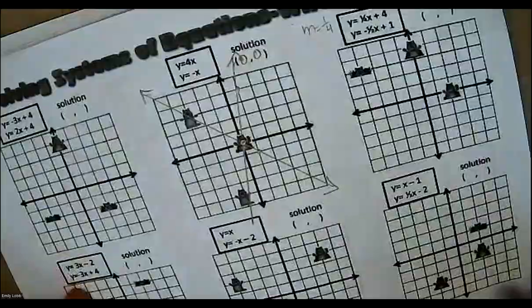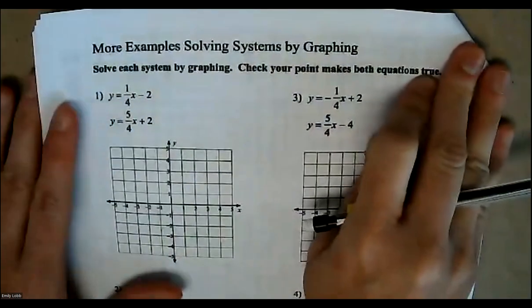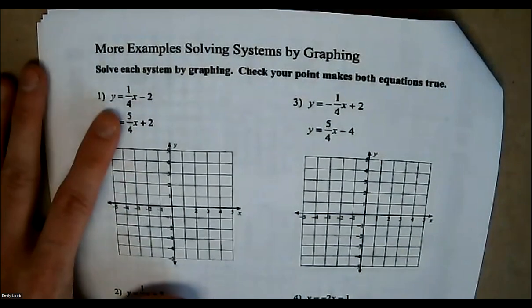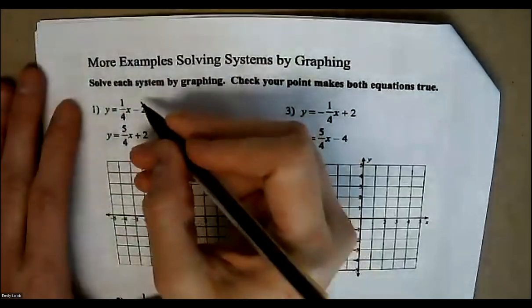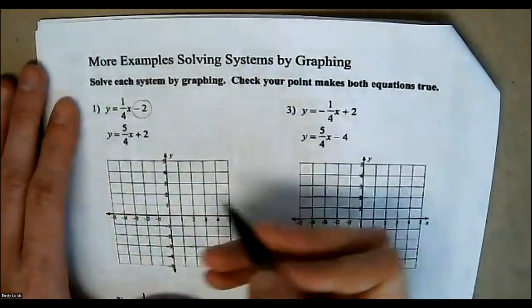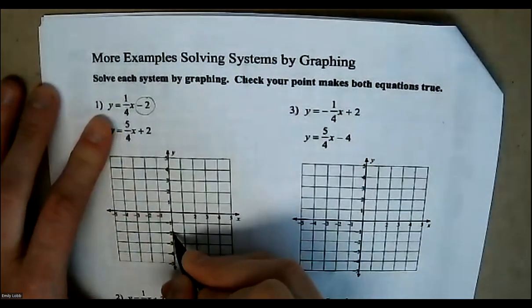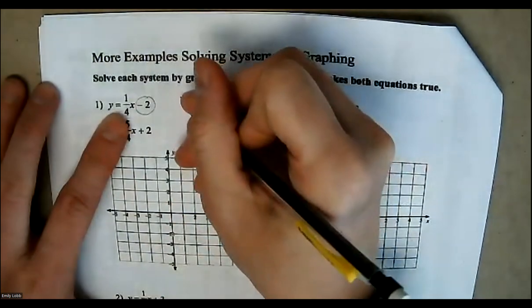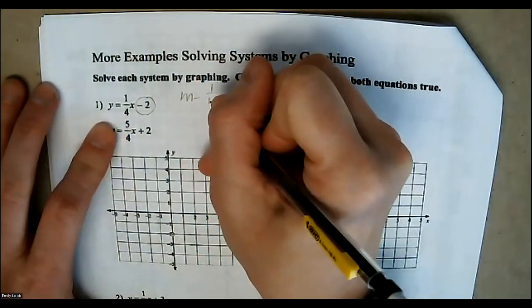All right, so I'm going to do these 4 on page 20 with you, and then I'm going to assign you the pixel art. All right, so here is -2. This is my y-intercept of the first line. My slope of the first line is 1/4.